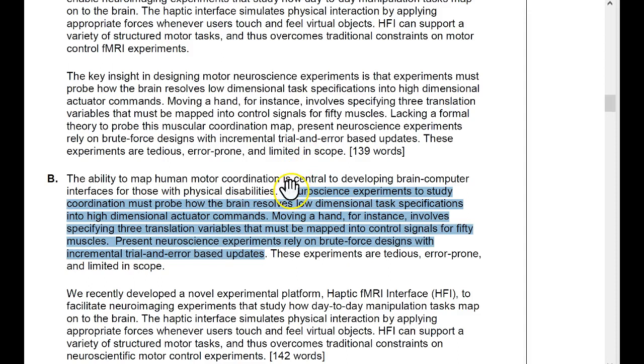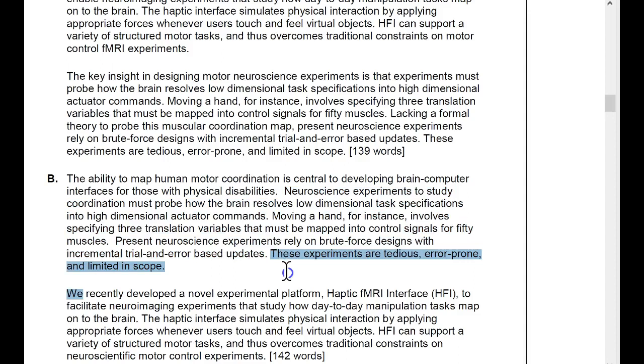You could say that maybe the first one or two sentences are a little bit of background information, but certainly by the end here, we're relying on the status quo and the status quo problem, which is that they rely on brute force designs. And by the last sentence of this paragraph, these experiments are tedious, error-prone, and limited in scope. We're clearly in the gap.